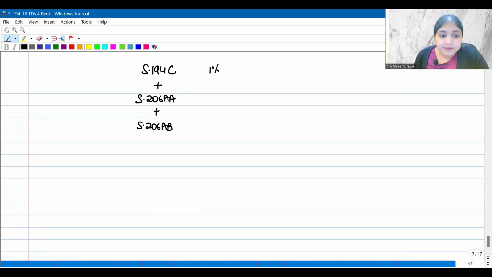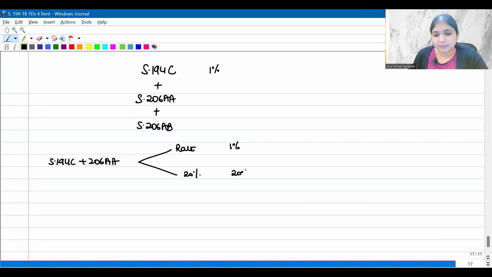See, I'll show you. First, I will apply 194C plus 206AA. What does 206AA say? 206AA says whatever is the applicable rate or 20%, whichever is higher. So what is the applicable rate? In our example it is 1% or 20%, whichever is higher. Which is higher here? 20%.